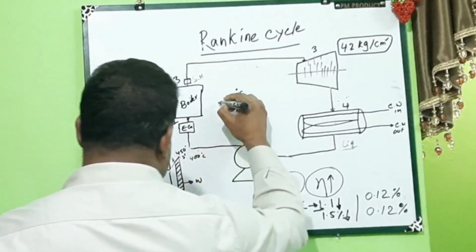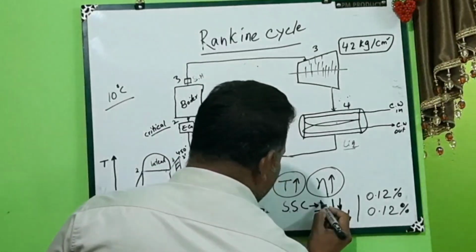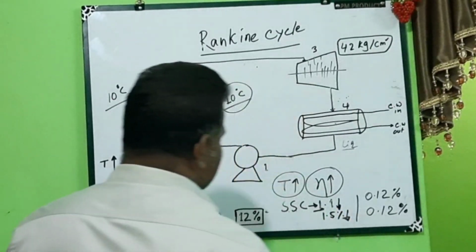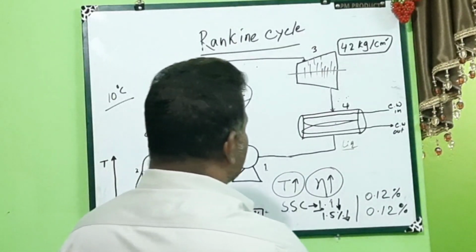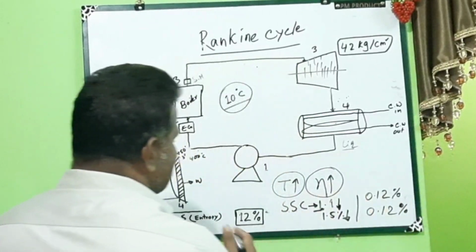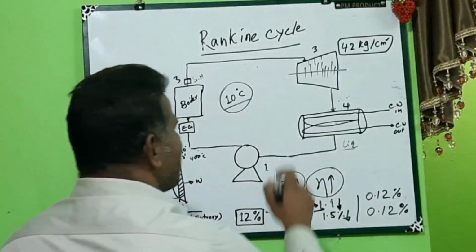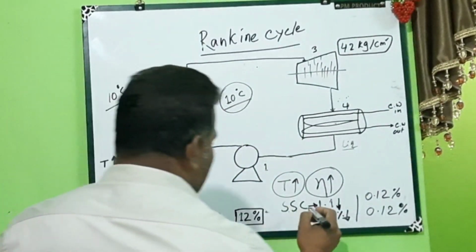If you increase 10 degrees temperature on the inlet steam, specific steam consumption will be reduced 1.1%. So specific steam consumption is reduced, but efficiency increases. That means specific steam consumption is inversely proportional to turbine efficiency. And this is the condenser turbine.